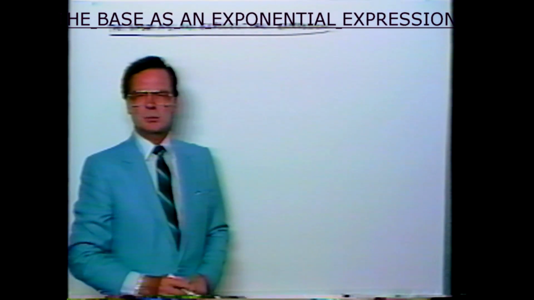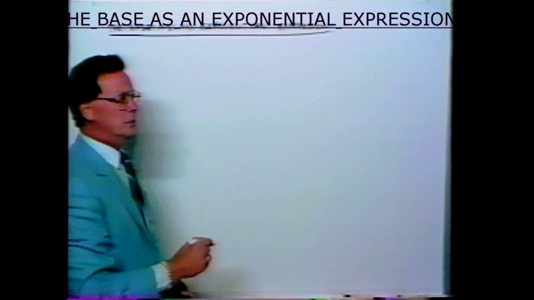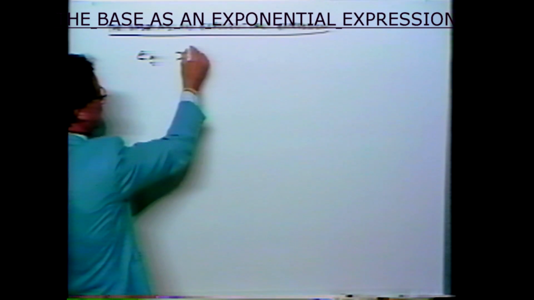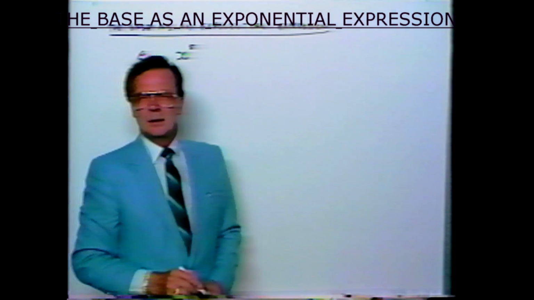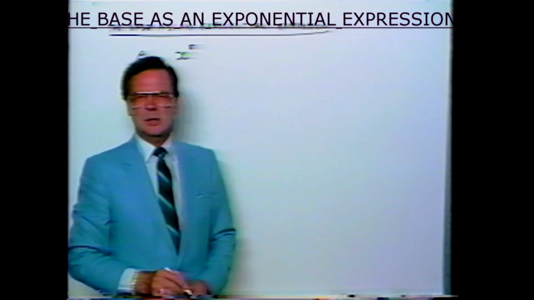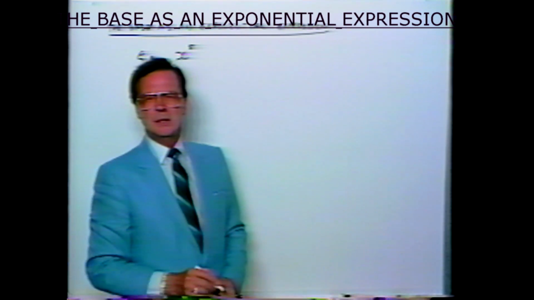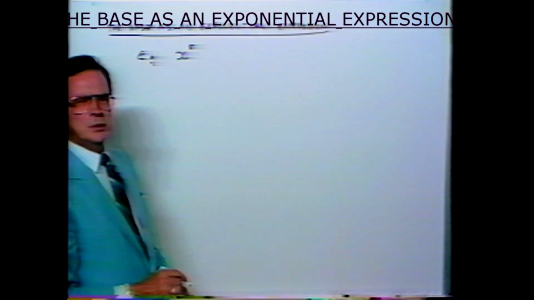The next topic in the study of exponents deals with the case where the base is an exponential expression. If you start with an exponential expression, such as x to the 5th, it can be raised by another exponent, such as 3, to form a new composite power.